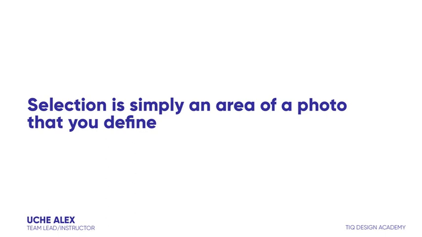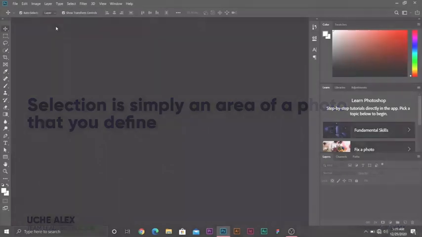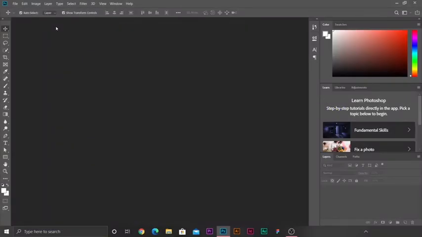And we do all these things in Photoshop using the selection tools. So let's take a look at these tools and see how we make these selections. Let's open up Photoshop and bring in some images that we can use to show how the selection tools work, or how we define areas of photos with them.